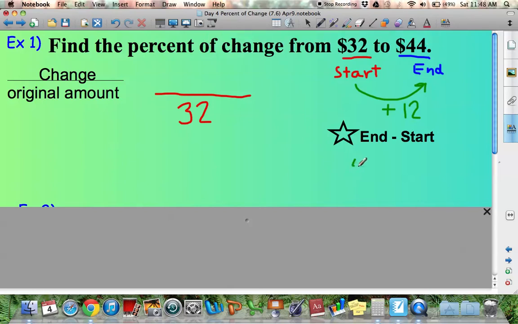We ended with $44 and we started with 32. So when I take 44 and I subtract 32, I'm going to get 12, just like I did when I did that mentally. So please use whichever method you feel comfortable with. Either way, I know that the amount of money has changed by a positive $12.